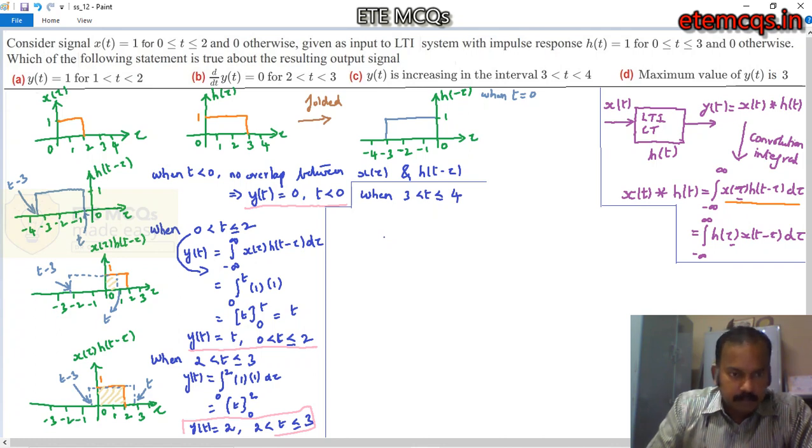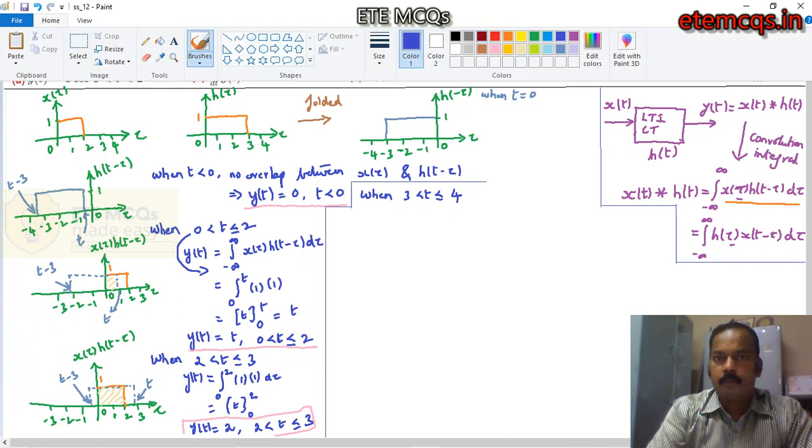Now when you have t between 3 and 4, let us see what happens to the region of overlap.